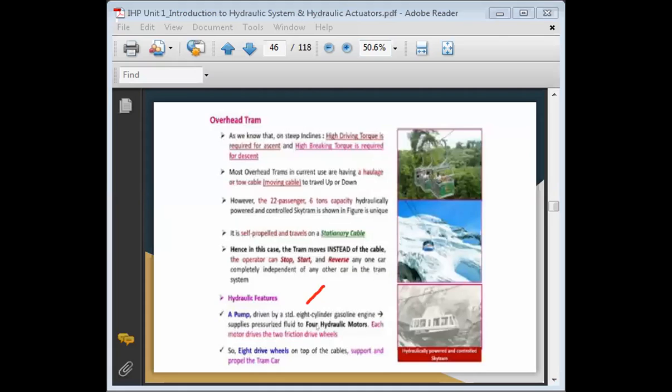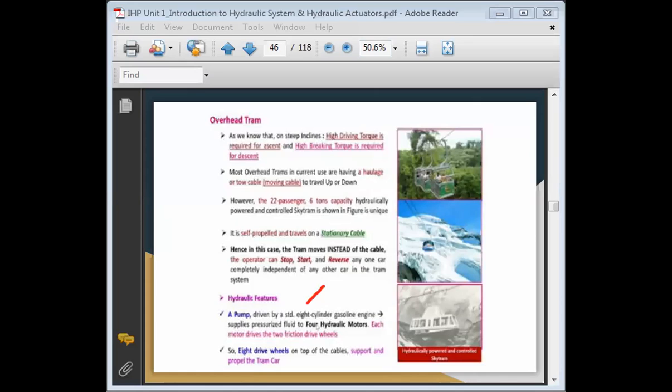Another application: the overhead tram. You have traveled in an overhead tram many times, or some of you may not have.